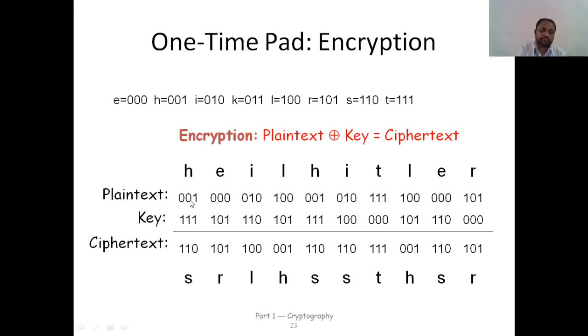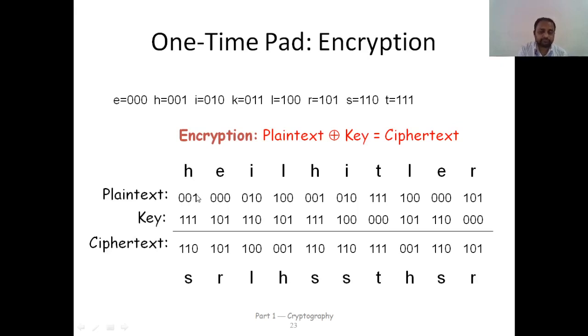So for H, I mean for 001, this particular key is used, that is 111. For E, it is 101. This is standard for this particular example, used both by the sender and the receiver, and this key may be changed for another example. It's not fixed.